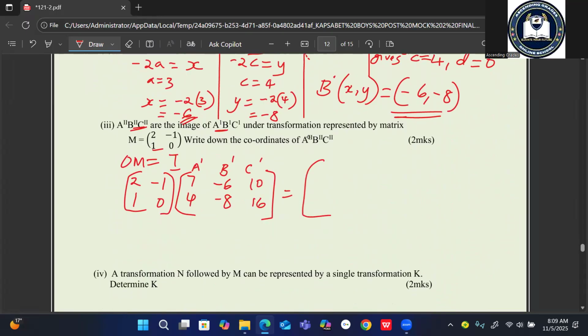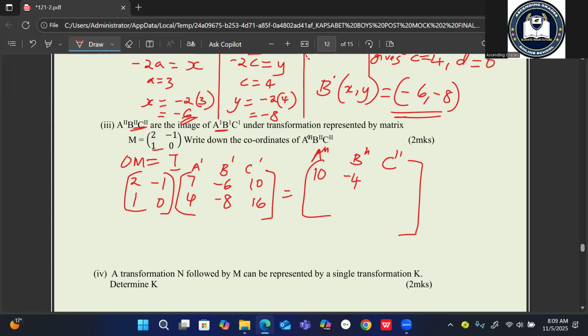So that will get our A double prime, B double prime, and C double prime. So that is 14 minus 4, so we get 10. That is -12 plus 8, so we get -4.